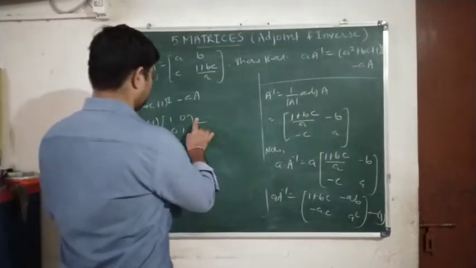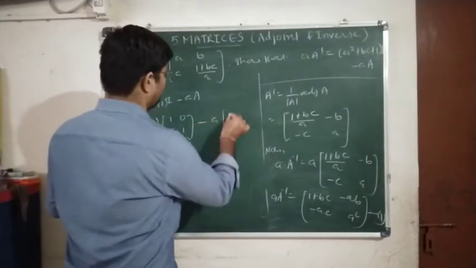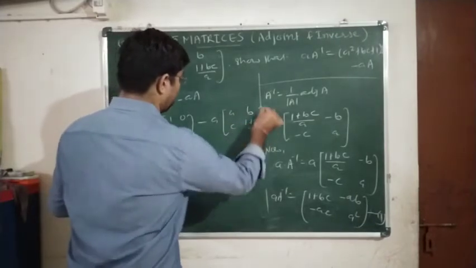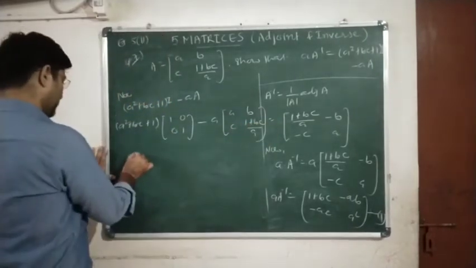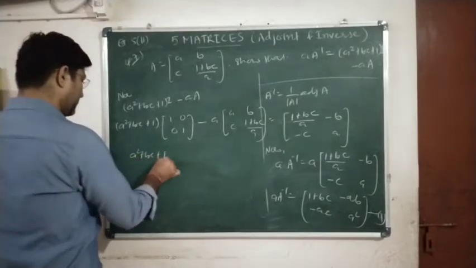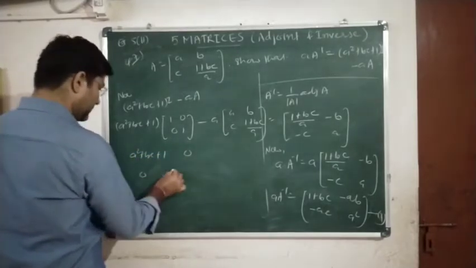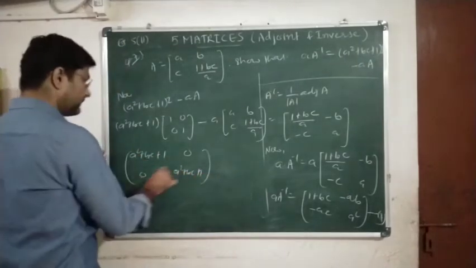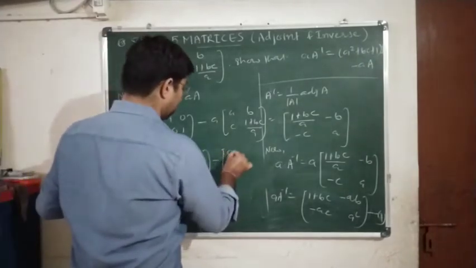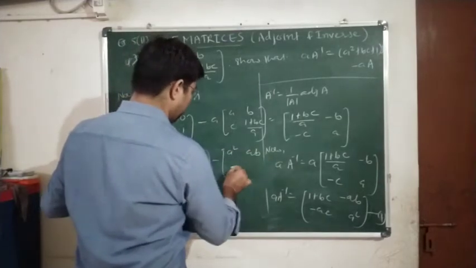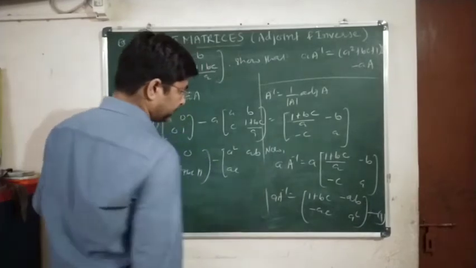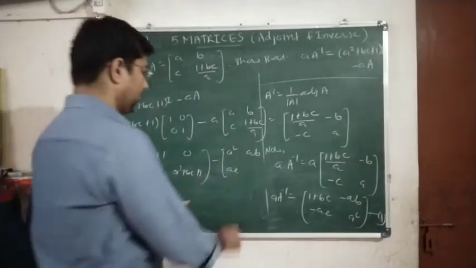Okay, minus A into the matrix A B C 1 plus BC upon A. Let us simplify. So A square plus BC plus 1, 0, 0, A square plus BC plus 1, minus A square AB AC 1 plus BC.